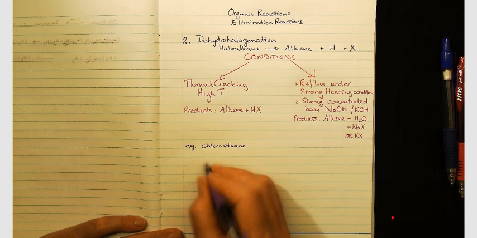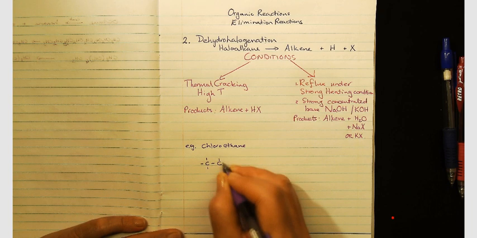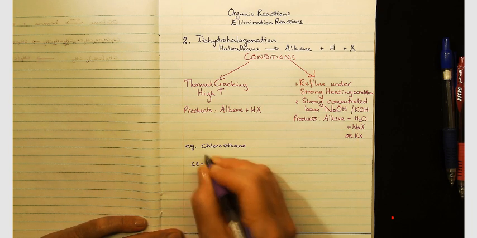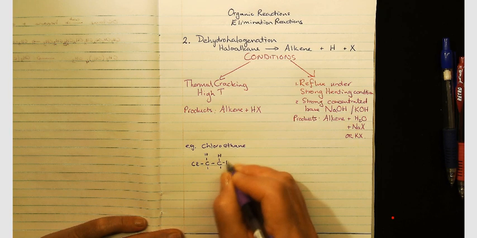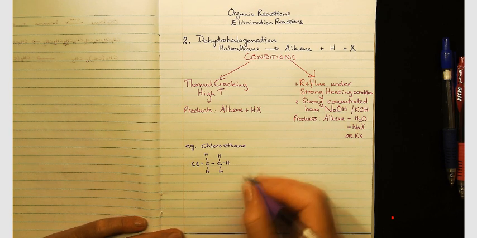Using structural formula, we've got 2 carbons. Now, the chlorine could be on the first carbon or on the second carbon. It does not matter. It would be 1-chloroethane.